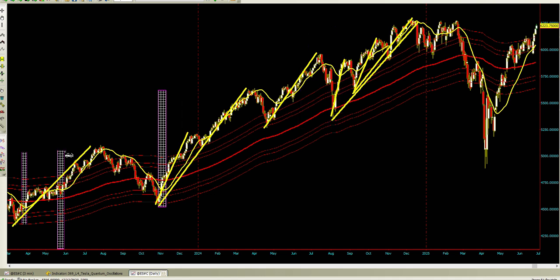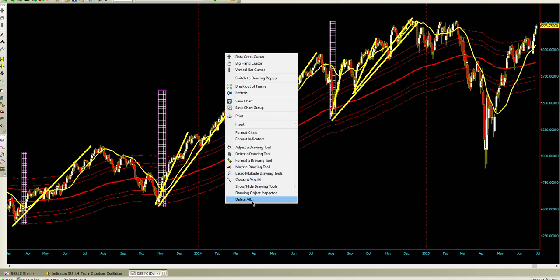Now if you see, I got one impulse move, I got a second impulse move. I have 3 impulses right now active in the system. And I just showed you how to do it. So let's delete this. You got the idea.